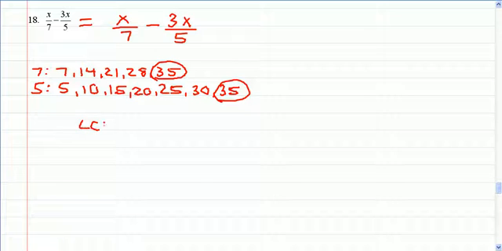So my least common denominator is 35. So on 7's list, 35 is the 5th number. On 5's list, 35 is the 7th number.